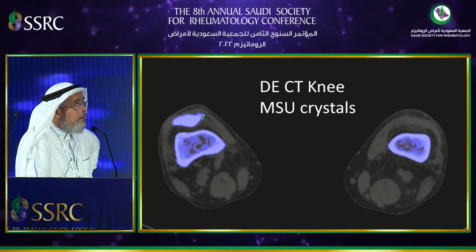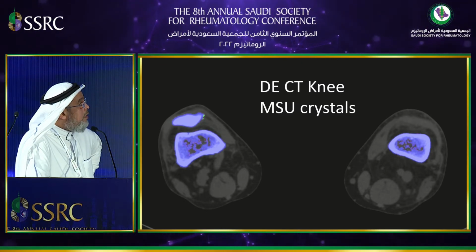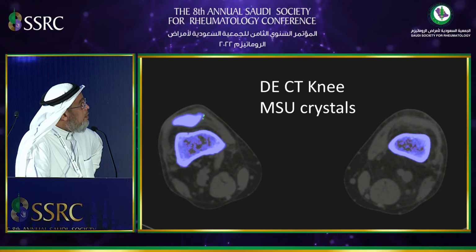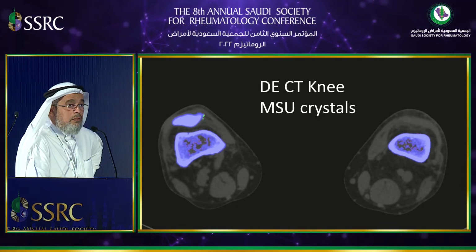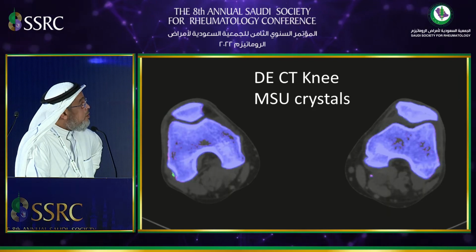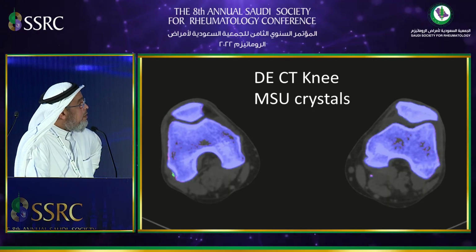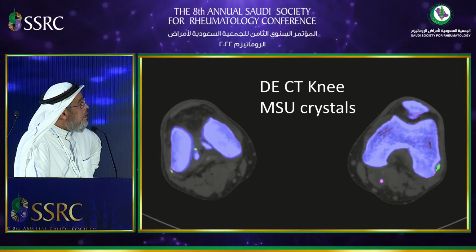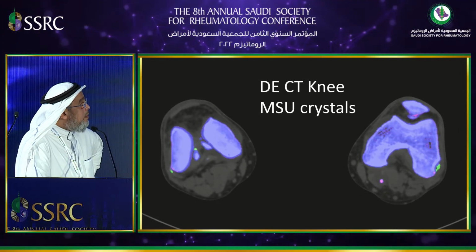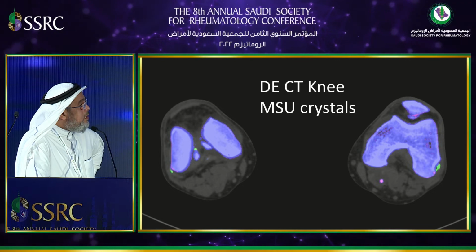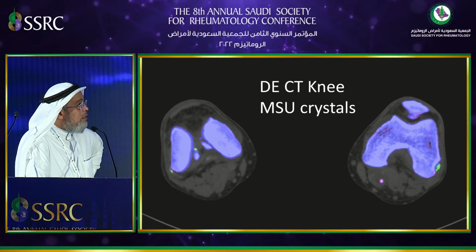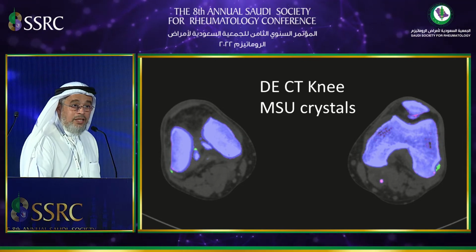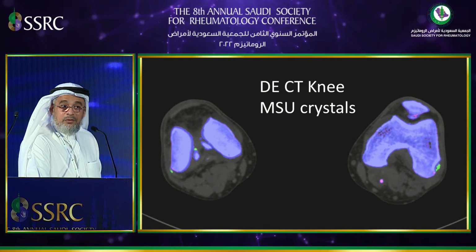So we did the dual energy CT, and you can see the green areas here, these globules of monosodium urate crystal depositions in multiple regions. This is the hiatus, popliteus, and around the ACL, and also about the insertion of the lateral collateral ligament. So this is diagnostic, and you can act on it for gouty arthropathy.